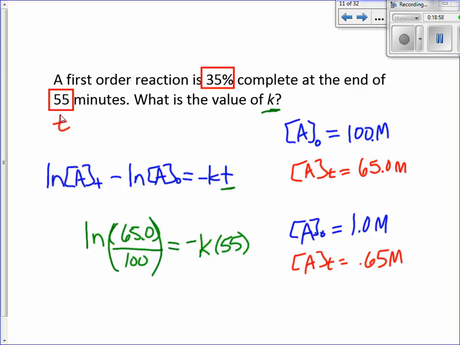The natural log of 1 here is going to be what? 0. So you see how that drops off if you use 1? You could do it that way too. So it'd be the natural log of 0.65, because this part is the natural log of 1. It's going to drop off.